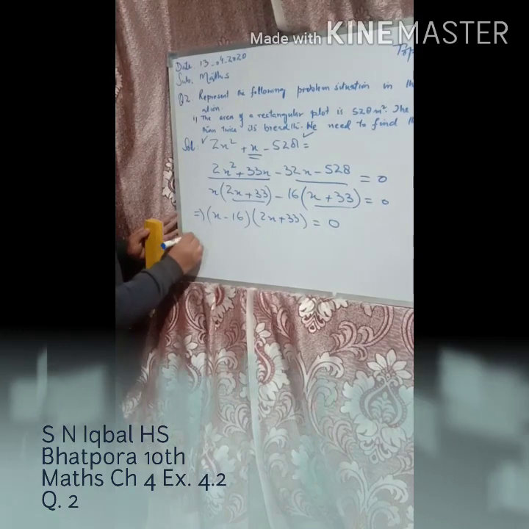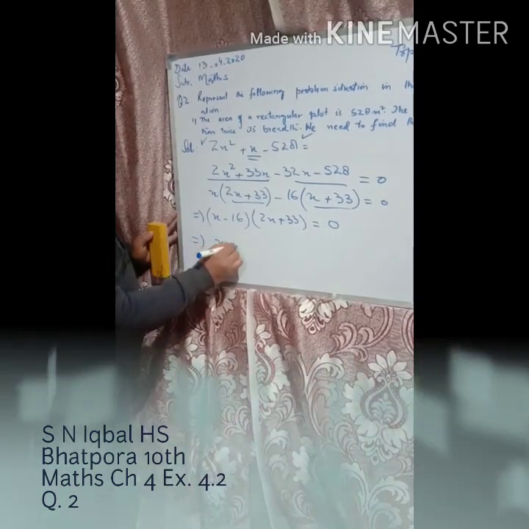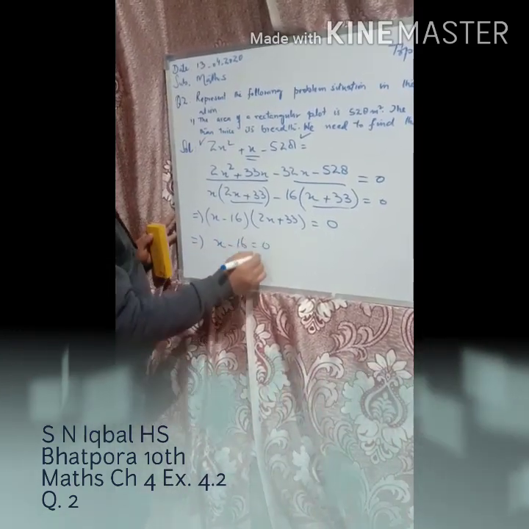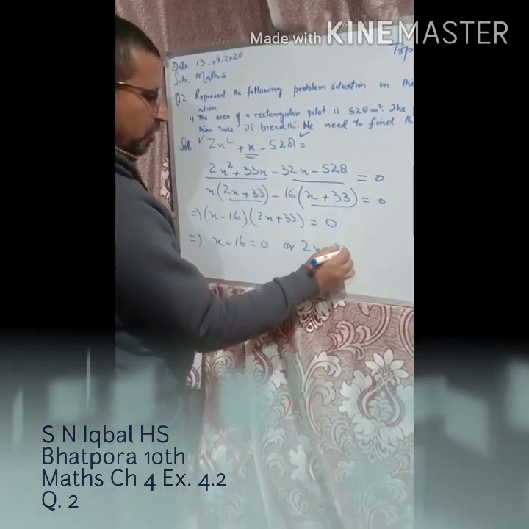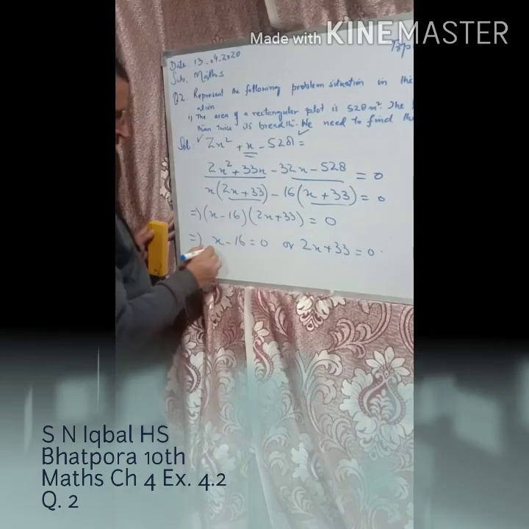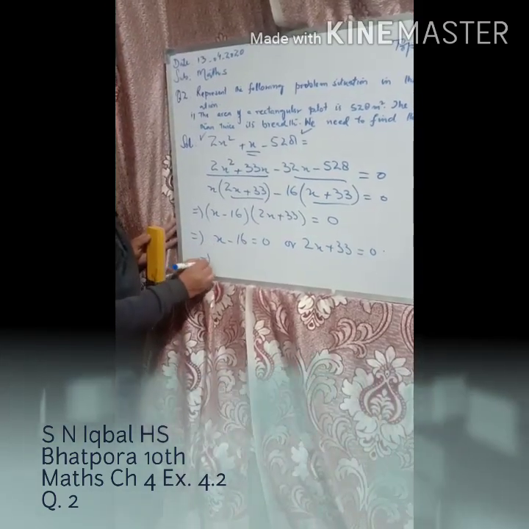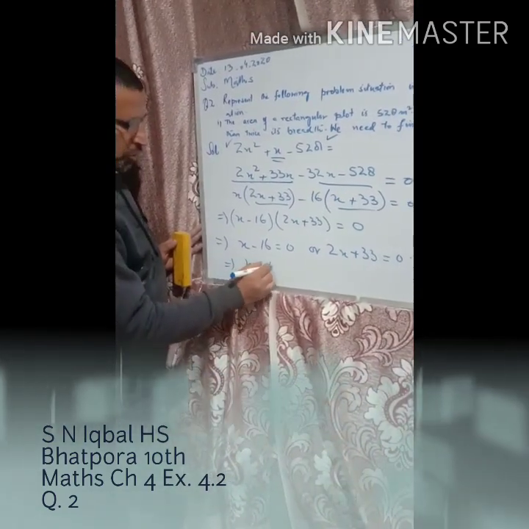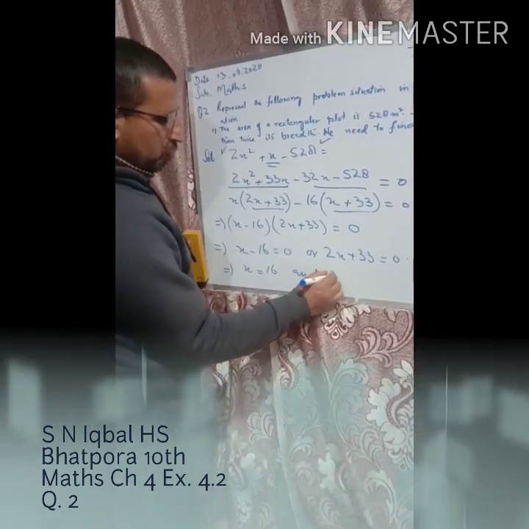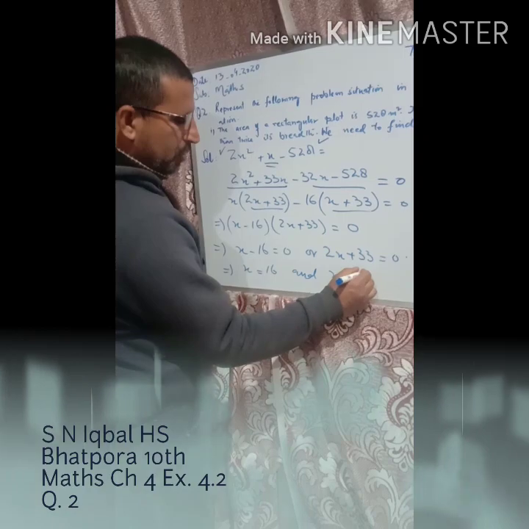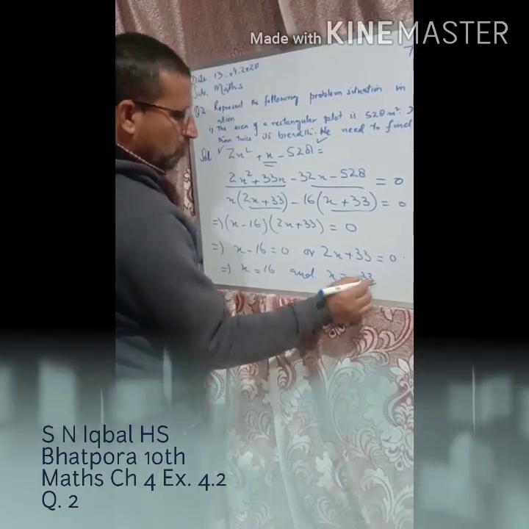Which implies that x minus 16 is equal to 0 or 2x plus 33 is equal to 0, which implies that x is equal to 16 and here x would be equal to minus 33 by 2.